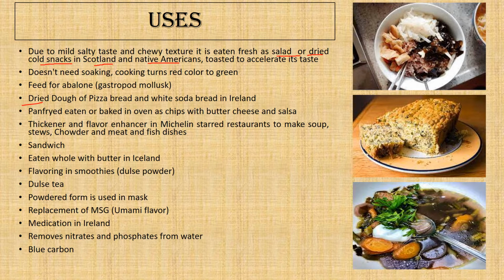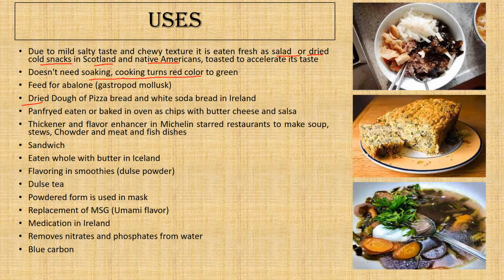The Native American people used to eat it raw as well as toasted, because when we apply heat to dulse, all the polysaccharides become more available, and this enhances the flavor of dulse. Once it is dried, it does not need any further soaking. But after cooking, the red color turns to green.